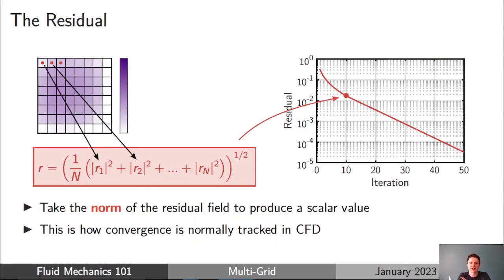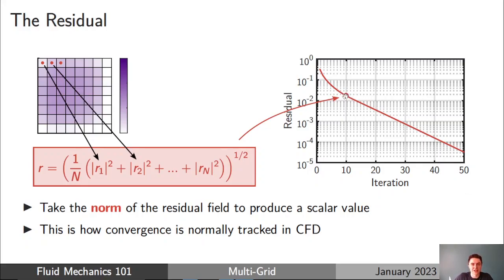I just wanted to make a small side point here that, for the CFD simulations that you're used to carrying out, what the CFD code does to represent convergence is we have a residual at the centroid of every cell in the mesh. The CFD code will take the norm of this residual field to produce a single value. This is the value that you'll often see on the residual plots.